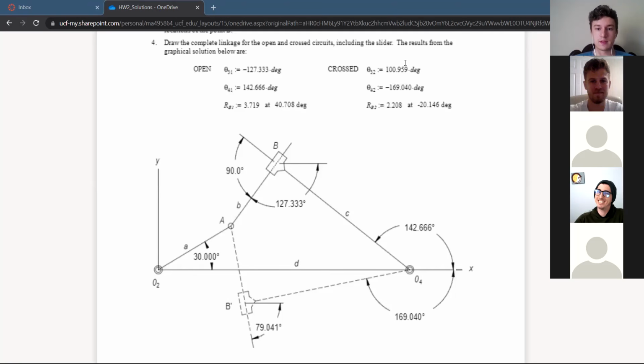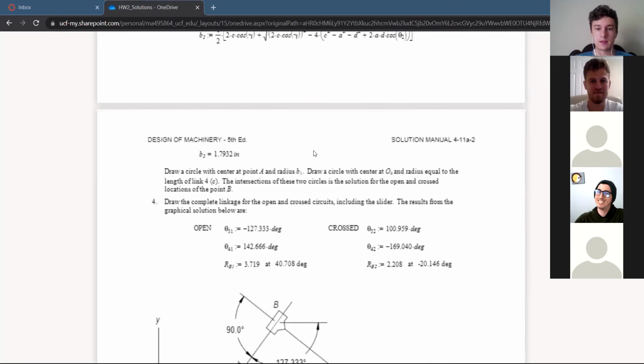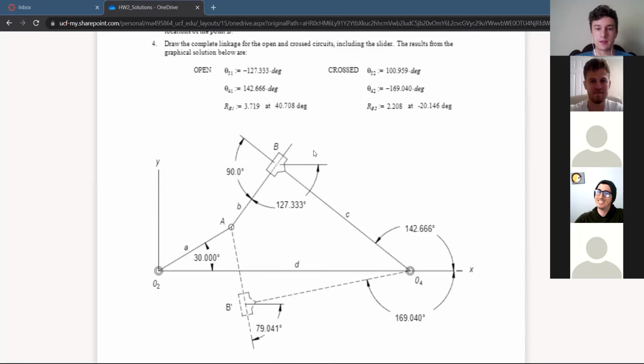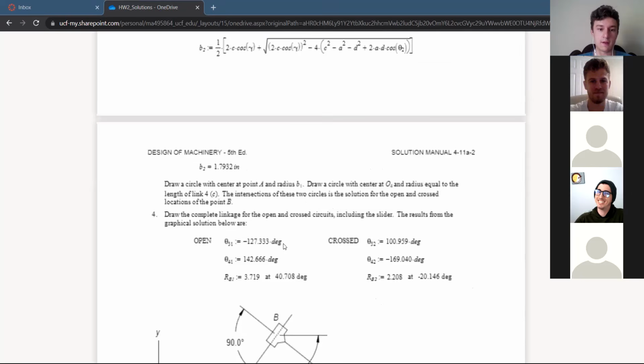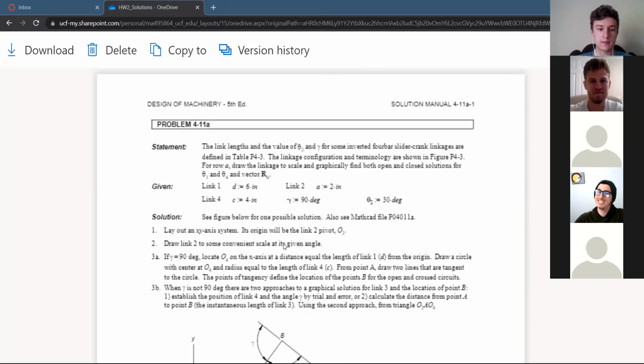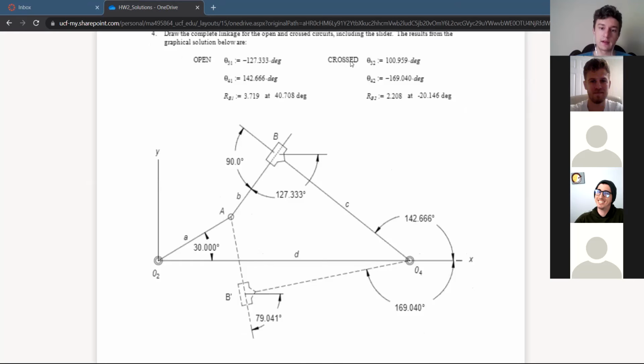So ultimately they just solve through law of cosines and they get all their different thetas. The RBs is just going to be this vector, which you solve through vector addition.